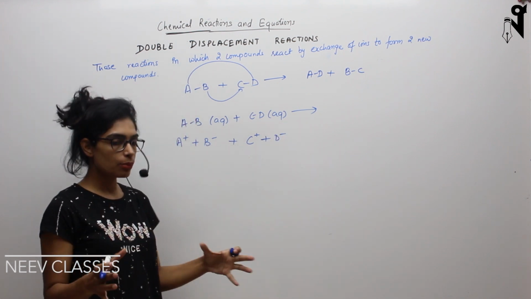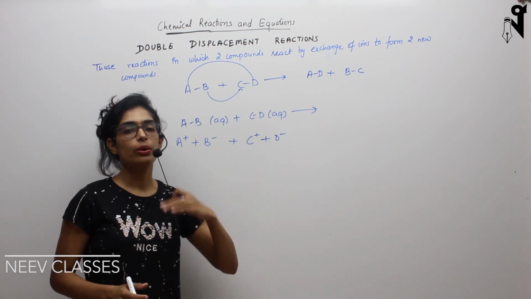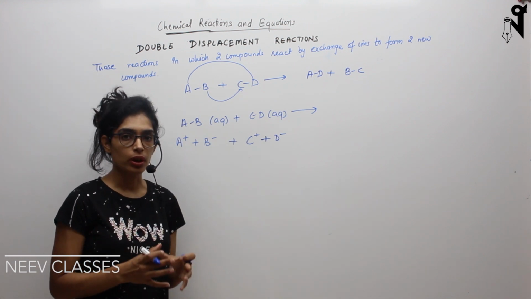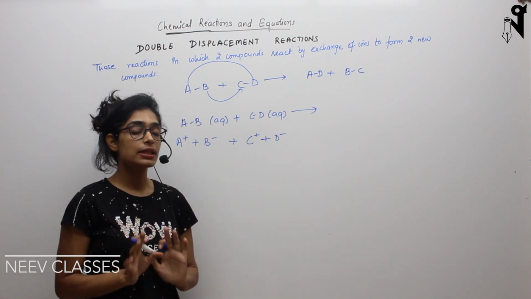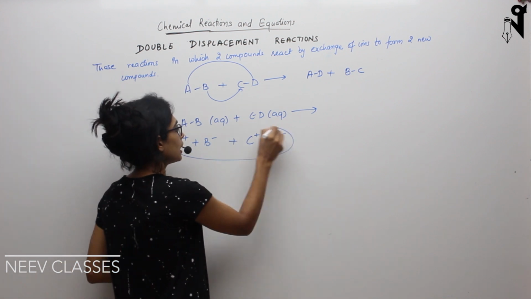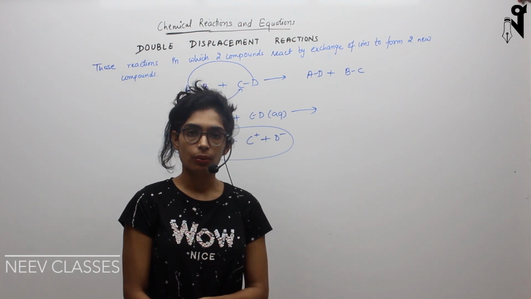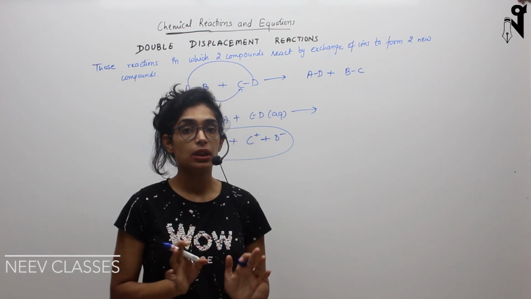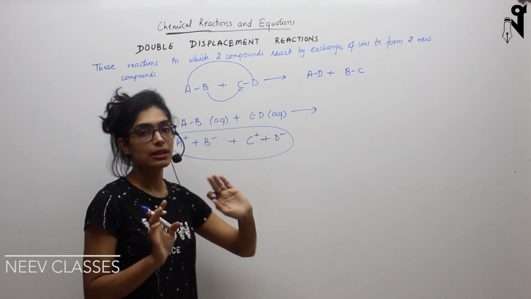So basically in a solution mixture you have kept AB and you have kept CD. Both are dissolved in water, and when both are dissolved in water, they are not in the bonded state anymore. They'll just split into ions. So now in my solution, all these different ions are present. There is no compound in the solution mixture. The reaction mixture has A plus, B minus, C plus and D minus ions present.